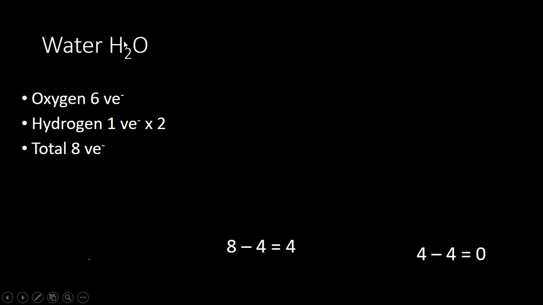And we want to add up the valence electrons that everything's bringing along. Oxygen's bringing 6 valence electrons. Hydrogen's bringing 1, and there's 2 of them. So that's a total of 2 and 6 equals 8 valence electrons. We're going to start with the oxygen and draw 2 hydrogen bonds off of that.